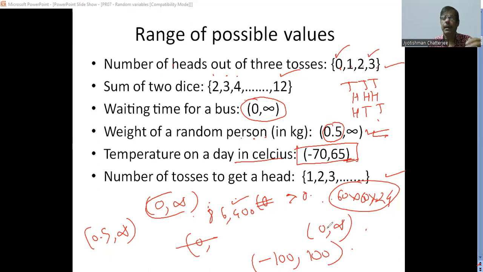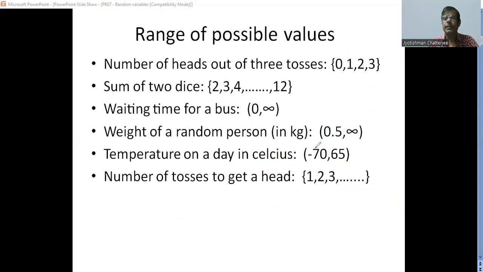However, if you go to some other extraterrestrial planets, say Venus or Saturn or the Moon, this range might not be enough. Number of tosses to get a head. What's the experiment here? You keep on tossing the coin, and as soon as you get a head, you stop.